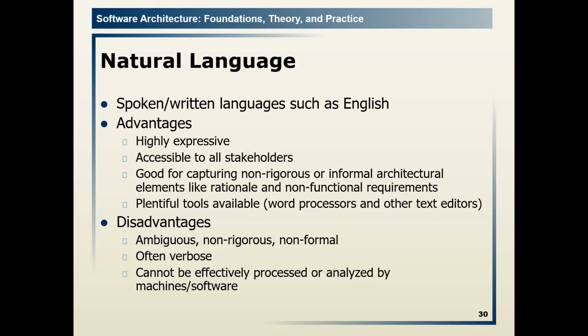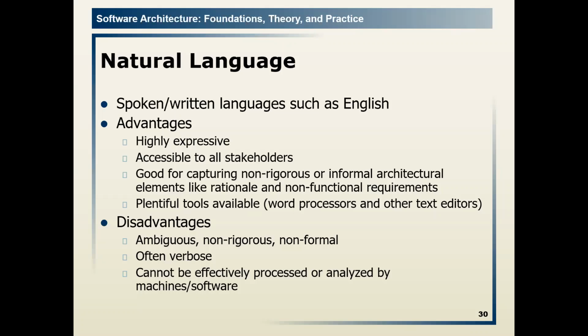So you will have to read all the pages to get to the design spec, right? So unnecessary words are there, too many words. That is a disadvantage, because you might waste time writing all those unnecessary details, and it cannot be effectively processed or analyzed by machines or software.